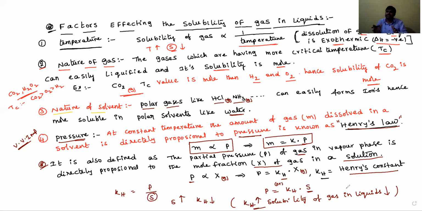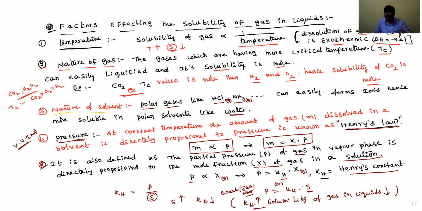You have to remember that point. It's very, very important for board exams as well as JEE and NEET exams. How the Kh value depends on the solubility or mole fraction: if the Kh value increases, the solubility or mole fraction of gas in liquids decreases. If solubility increases, then the Henry's law constant value decreases.